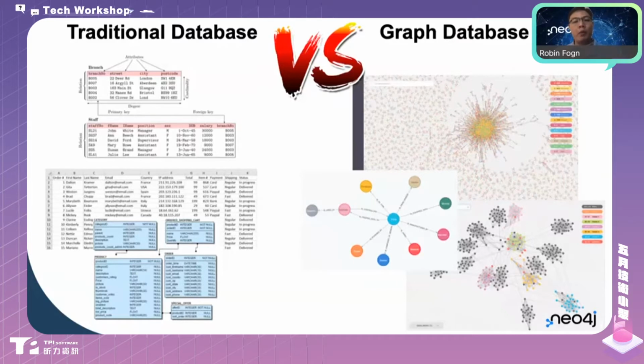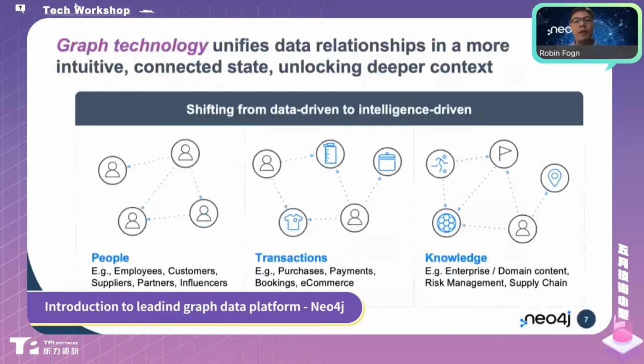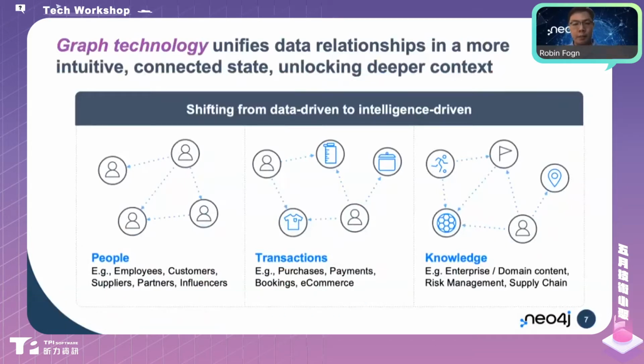And that will actually help you enable new types of use cases that cannot be done easily on a traditional database. And what do I mean by that? If what you're looking at is links around people, how your people are related to one another, and when I talk about people, it refers to employees, customers, suppliers, partners, influencers, and so on, or being able to link transactions together, purchases, bank transactions, money flows, and so on, or even knowledge, like supply chain knowledge or risk management and so on.